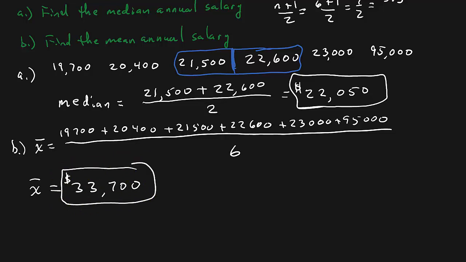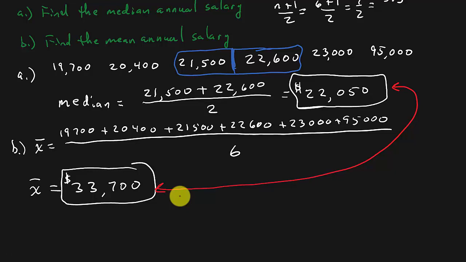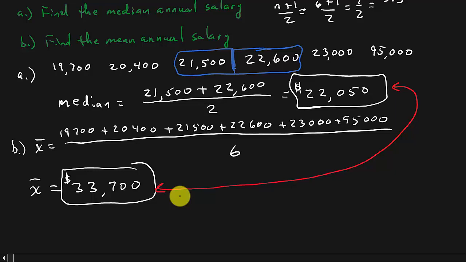So if you look at these two values, the mean and the median, they're off by quite a lot, aren't they? Well, which one do you think would be more reasonable to look at, the mean or the median in this case? Well, it would be the median, okay?